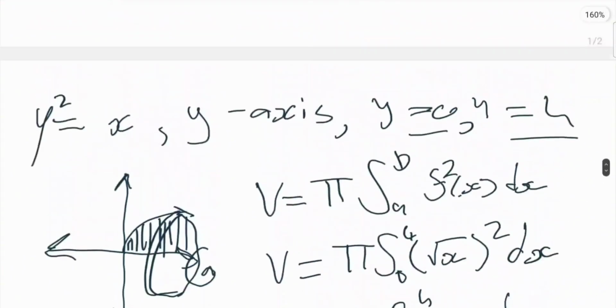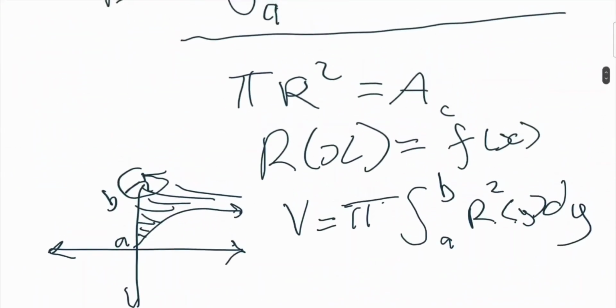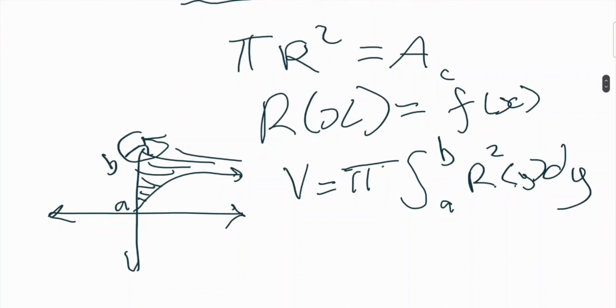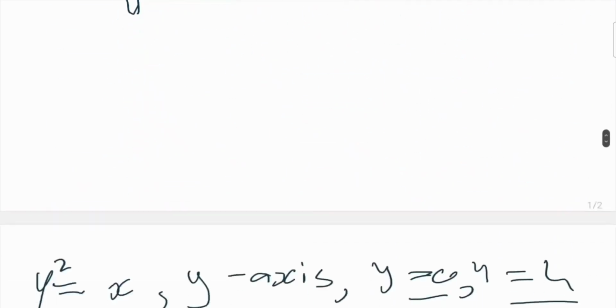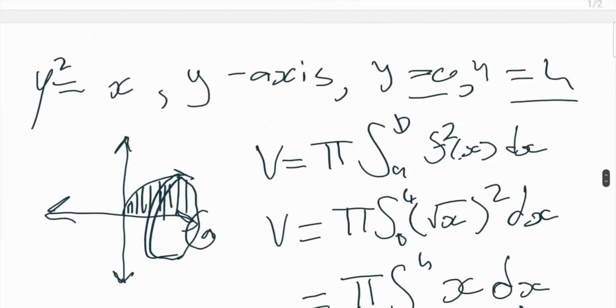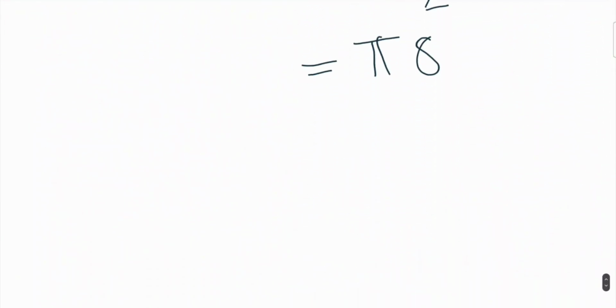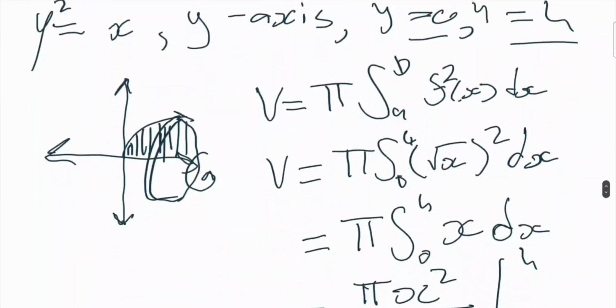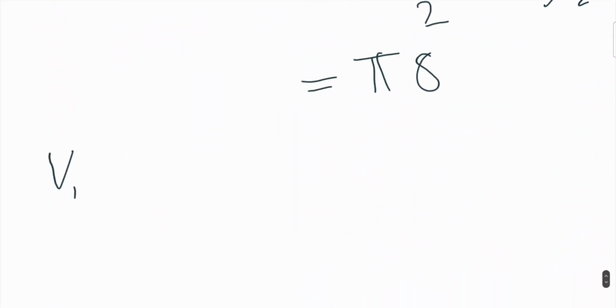Alright. So, for this, we are going to have to use this equation stated here. Volume equals pi integral from a to b of r squared of y dy. Let's go ahead and plug that in. We'll call this volume 1, so it differs from this volume here. Actually, let's change this to volume 1, and then we'll change this to volume 2, sorry.